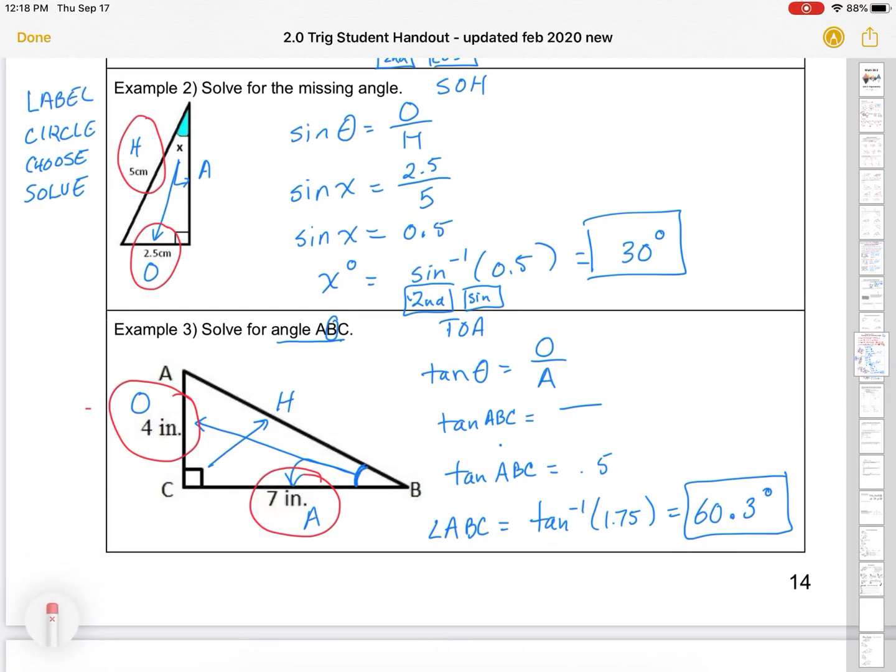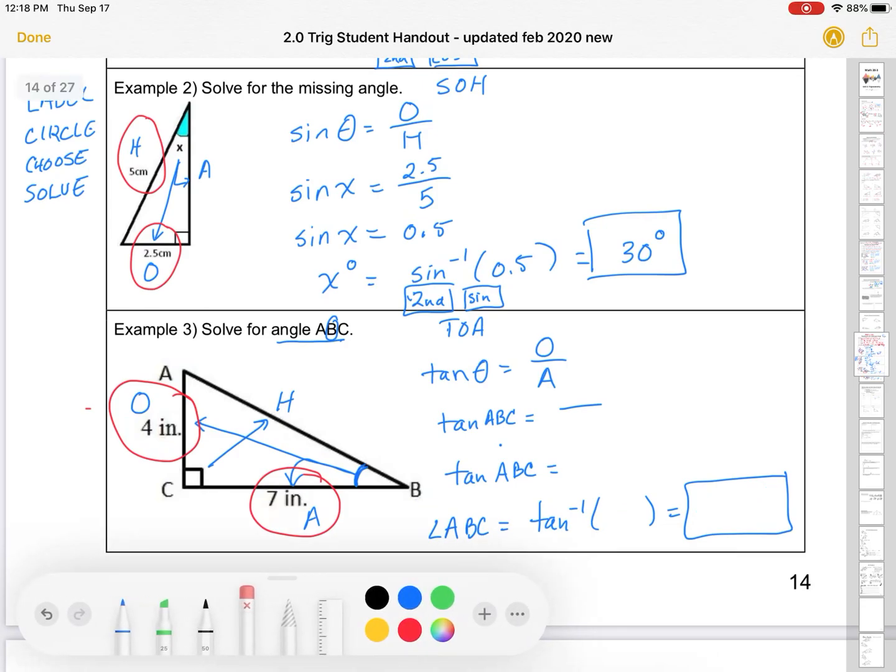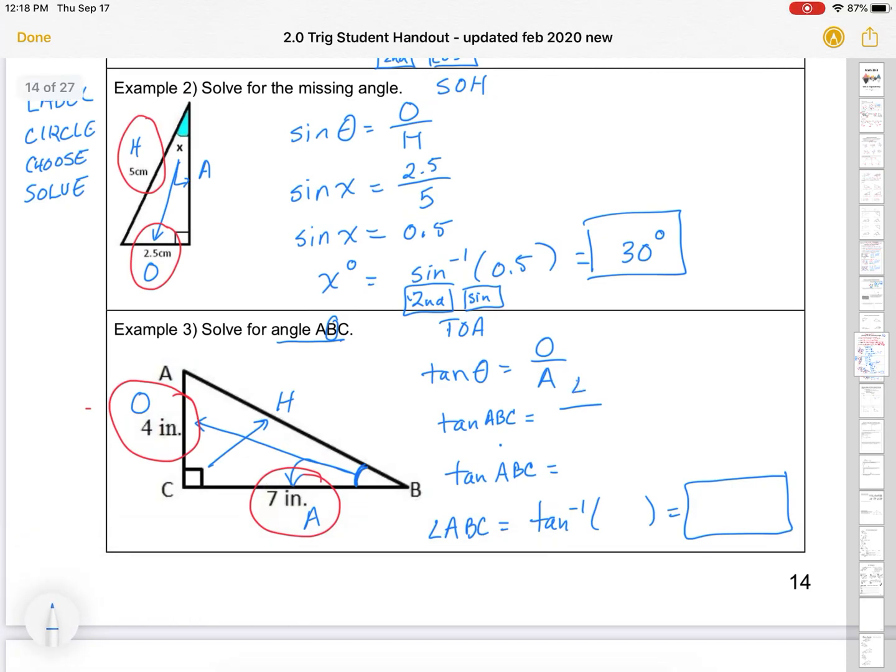Did I do that right? I did not. Did you guys catch that? I put my numbers in wrong. Please ignore that, rewind. This is why you label. I'm looking at it going, that doesn't sound right. And it doesn't, because our opposite is 4 and our adjacent is 7, and I put them in wrong.